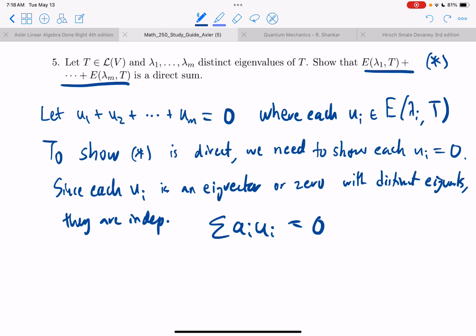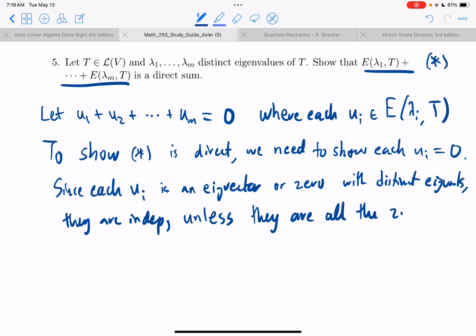So what's the way out of this? Well, we have a linear combination which is 0, and the coefficients can't be 0. So what's the only way that can happen for independent vectors? Well, it can't happen for independent vectors, unless they are all the zero vector. Because if only one of them was the zero vector, then we'd have the similar problem, a linear combination with non-zero coefficients giving the zero vector of the others.